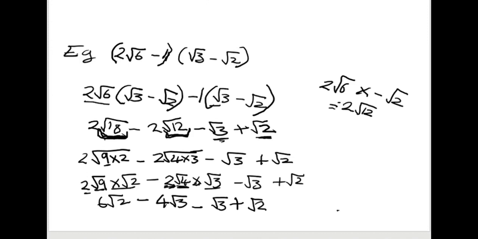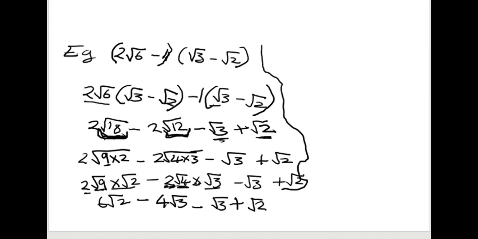Okay, so I'll pick out my similar surds. Let me wipe this off to have space. So let me pick out my similar surds. My similar surds are those that have the same radical. So 6 root 2 plus root 2, and then minus 4 root 3 minus root 3.